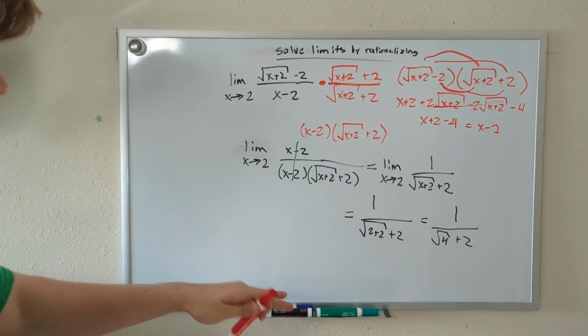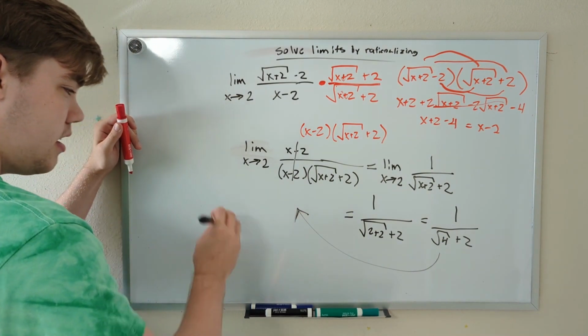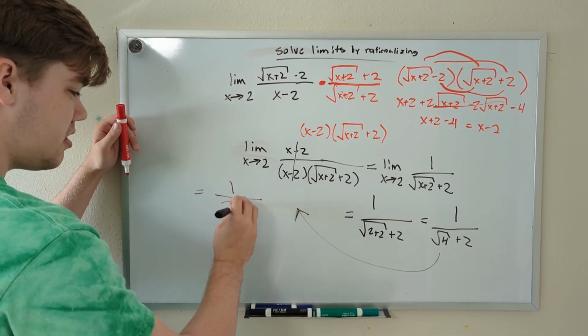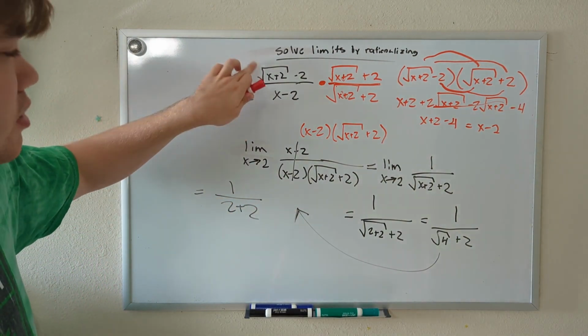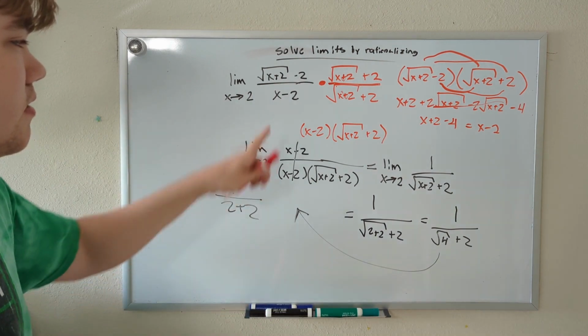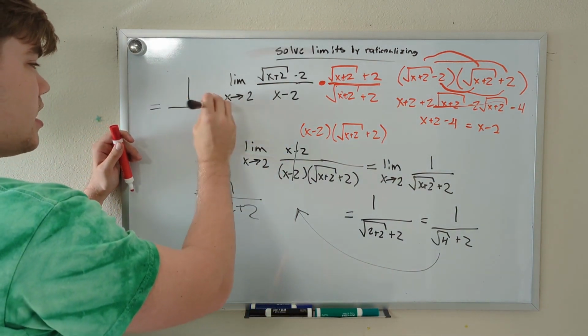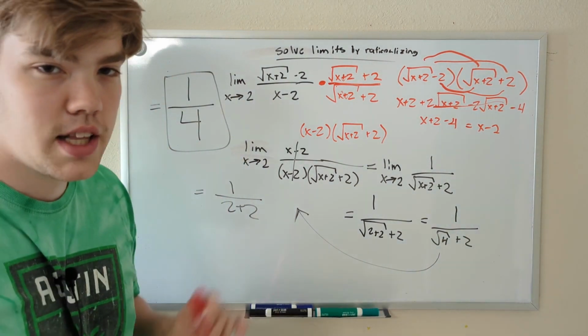And I'm kind of running out of room down here, so forgive me for this, but we're going to move over here. So this is now equal to 1 divided by 2 plus 2. So the limit as x approaches 2 of the square root of x plus 2 minus 2 divided by x minus 2 is simply equal to 1 divided by 4. And that is the answer to our limit problem.